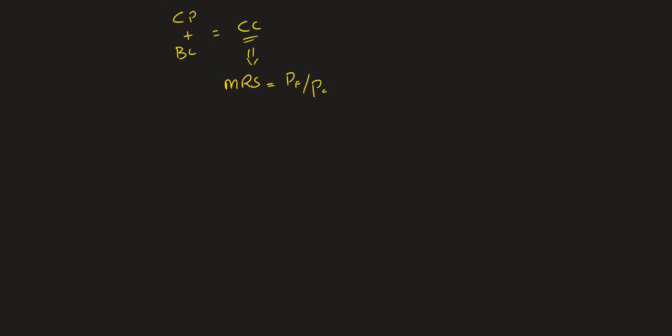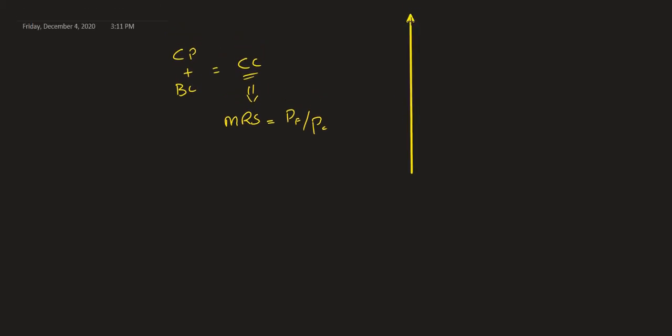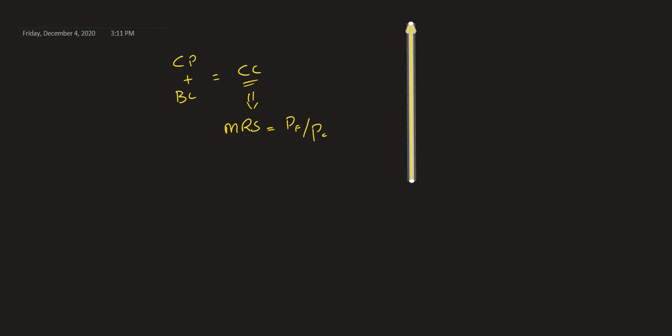Okay, so again, recalling the things. We have said that this is our y-axis, and this is our x-axis. Here we have, for example, clothing, and here we have food.